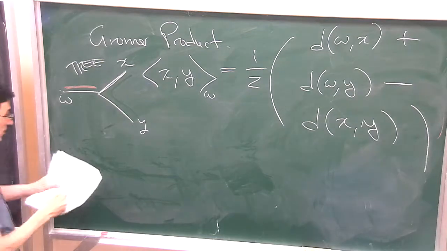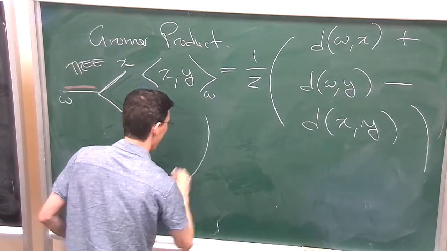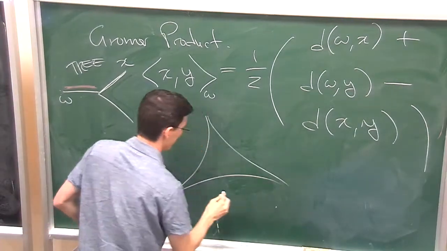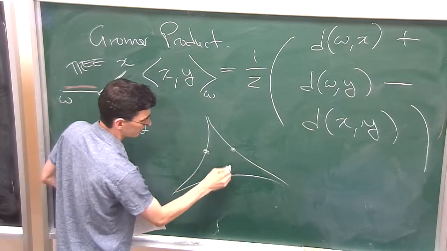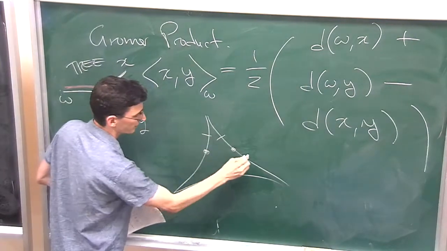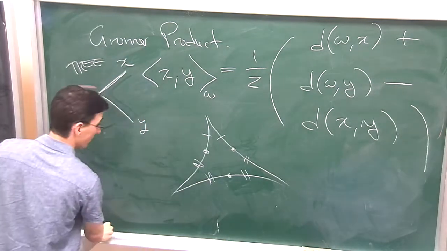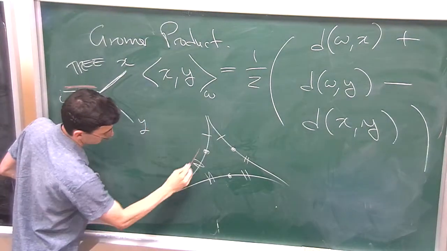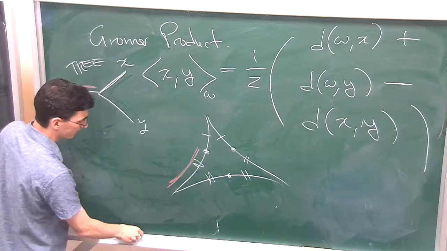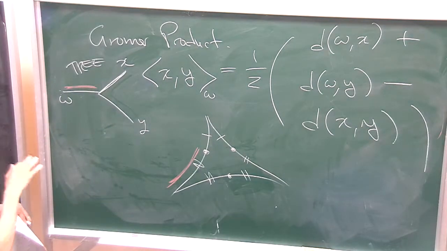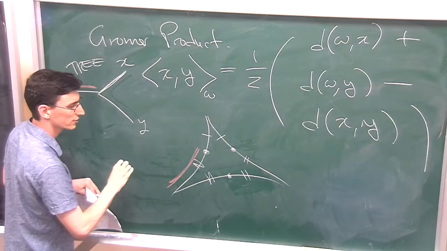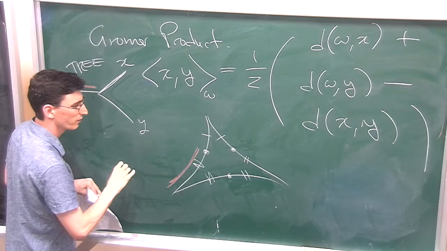The other picture is you have a thin triangle, and you put in some points and mark off some distances. Be careful.